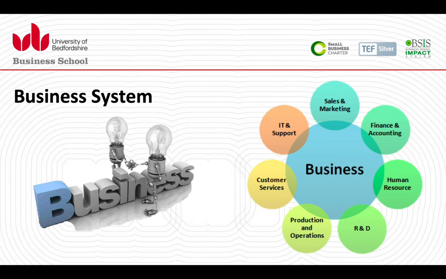This is where we come up with the idea of how businesses can achieve their set objectives, and what the key components, or different departments, are required to run the enterprise.